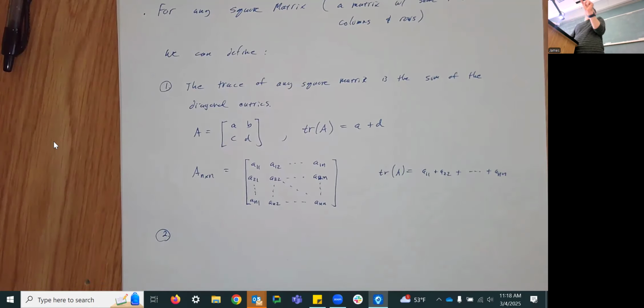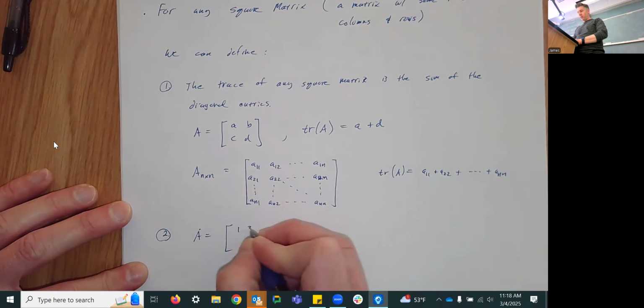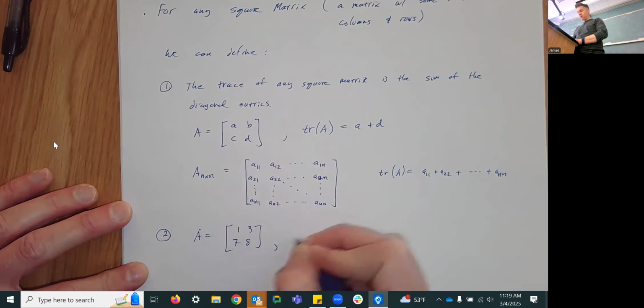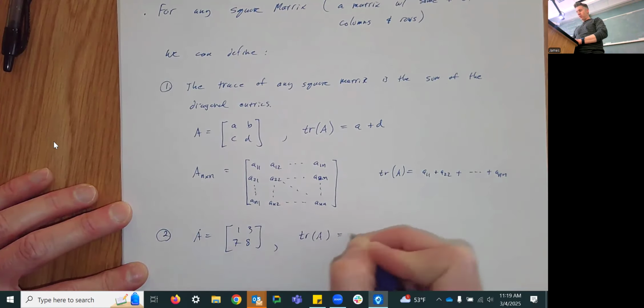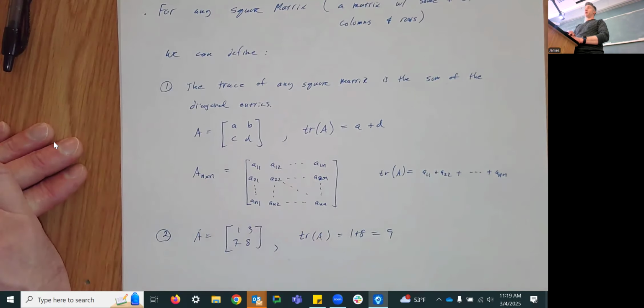There's a place where it comes up and it is important. So it's nice to have just known, oh yeah, you just find the trace of a matrix by adding diagonals. So for example, if A is equal to 1, 3, 7, 8, the trace of A is 1 plus 8, which is 9. We don't define a trace for non-square matrices.